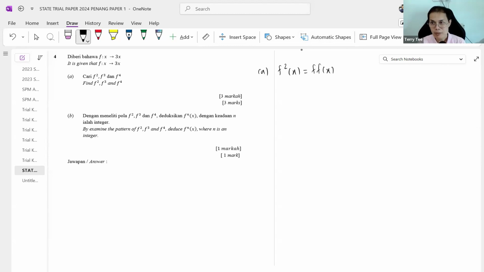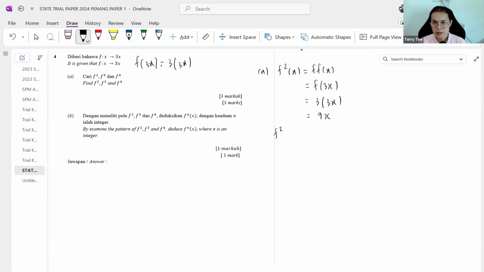So f2(x) simply means you're putting f(x) inside f(x). My f(x) is 3x, I put it inside 3x. Think bracket: f bracket is 3 bracket. If you put 3x here, you need to put 3x here. So that will give us 9x.